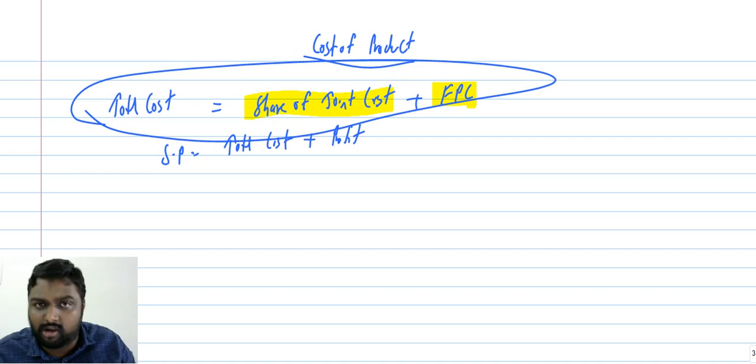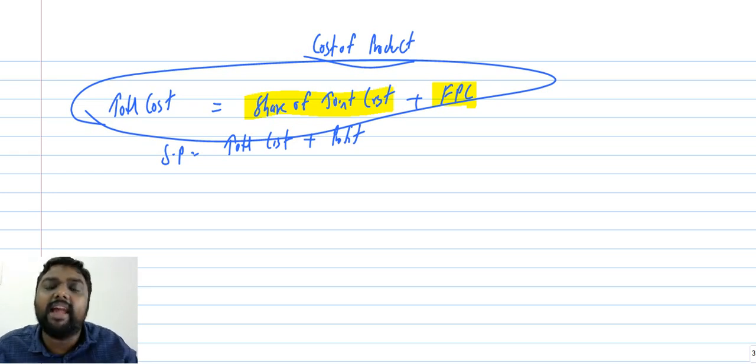Further process cost is that after the split off, if the product does not come into saleable condition, we have to add some other expenses, and only then can the product be a saleable item.